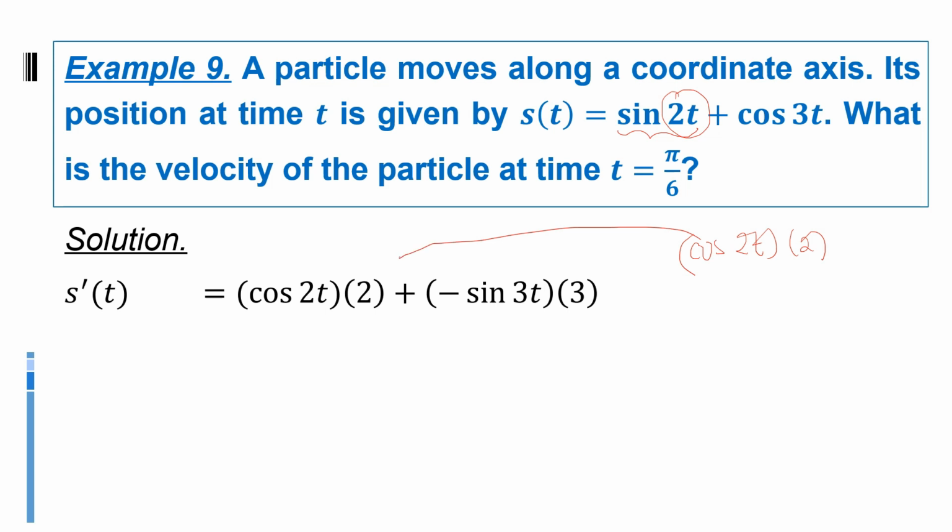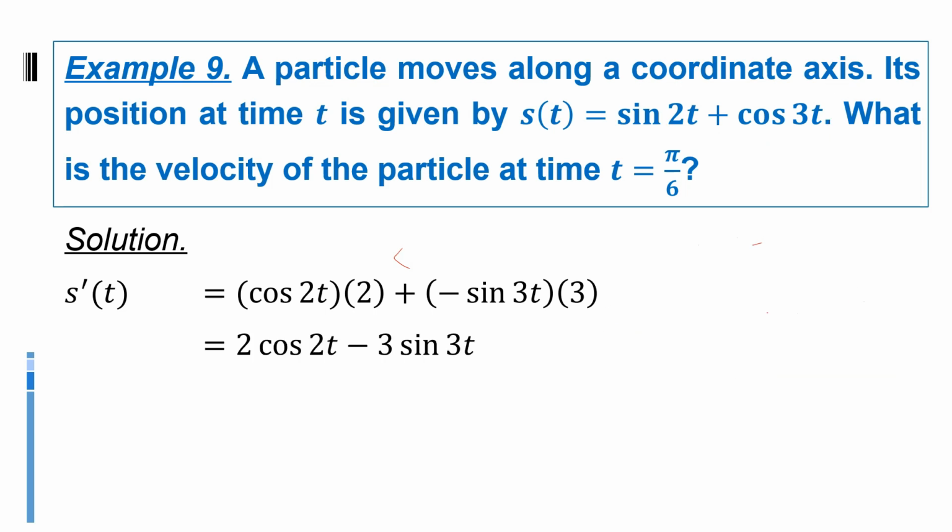That's how it became that. Plus, we differentiate the cos 3t, so the outer function is negative of sine 3t, times the inner function, that is 3. That's how it became that. So that is now 2 cos 2t minus 3 sine 3t.